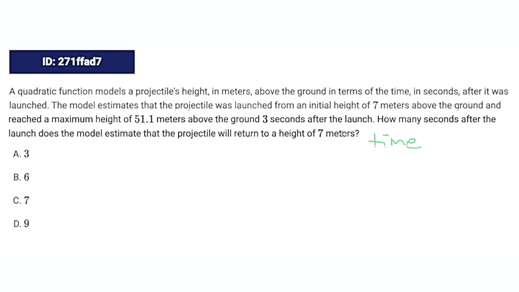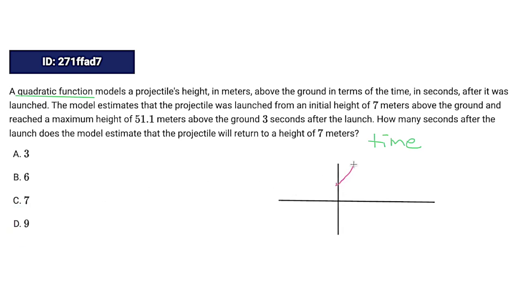Well, it says that there is a projectile. So there's a projectile being launched. It's telling us it's a quadratic function. So let's just kind of get in our heads what's going on here. If we thought about this on a graph, a quadratic is going to be a parabola, right? And anytime a projectile is being launched, it goes up into the air, and then it comes back down.